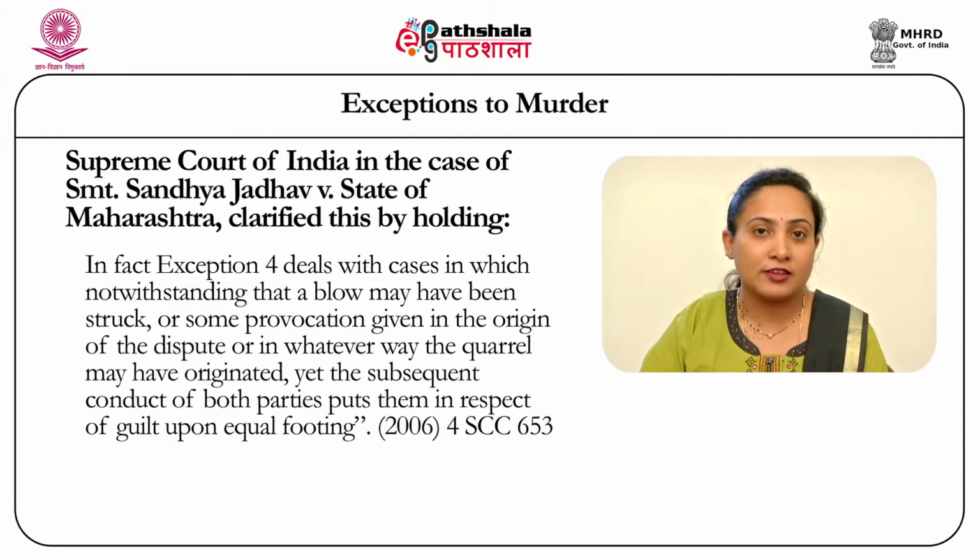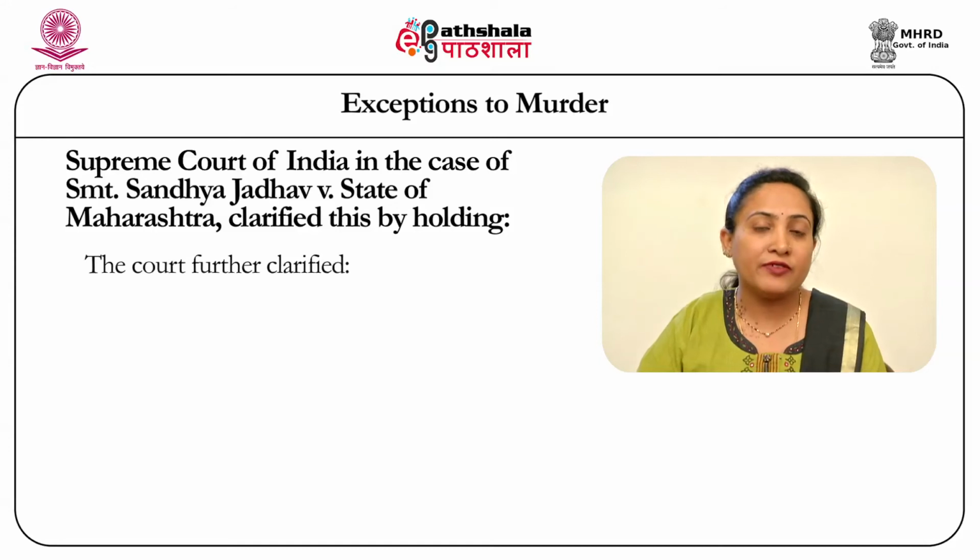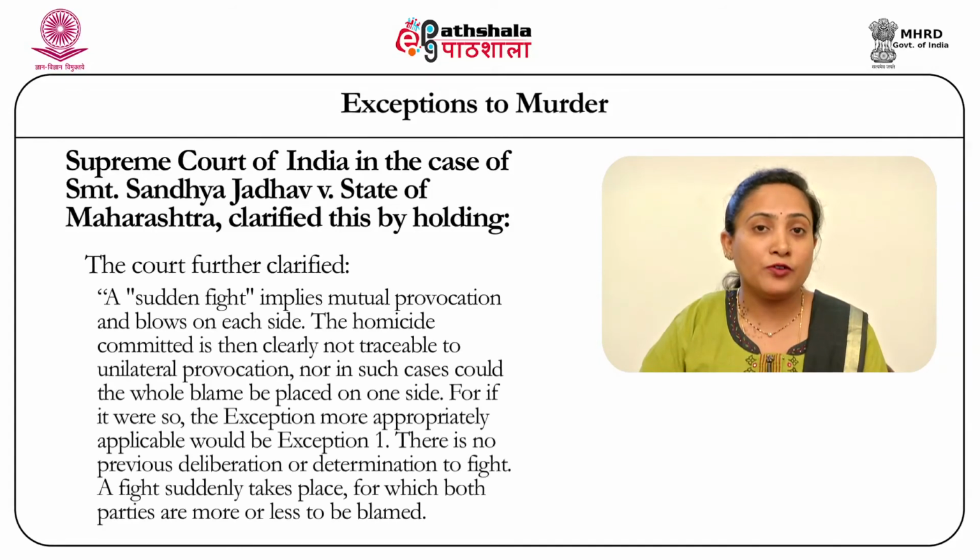And this in fact justifies the very case to be brought down to the offence of manslaughter from that of murder. The court makes further clarification saying that the ground of sudden fight is nothing but a ground that implies mutual provocation and blows on each side.